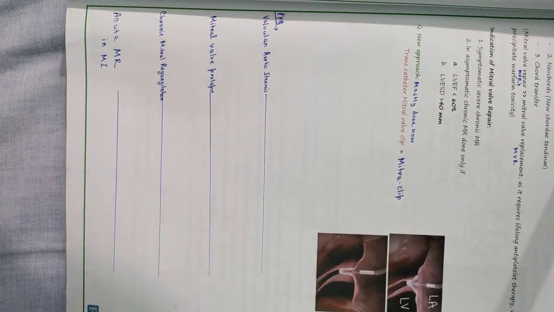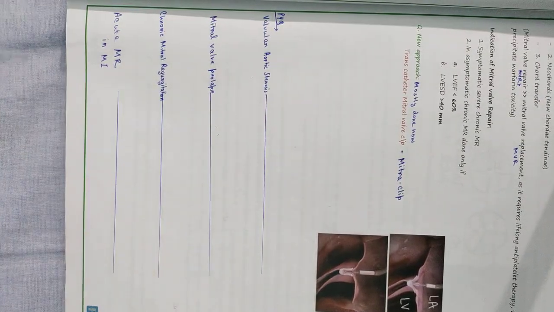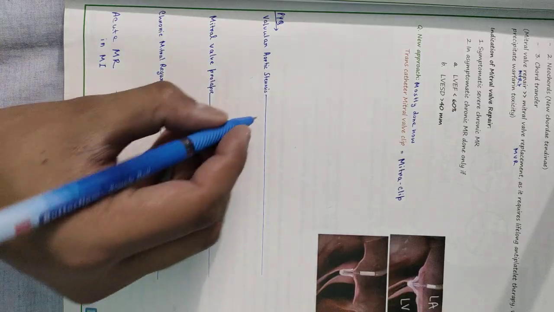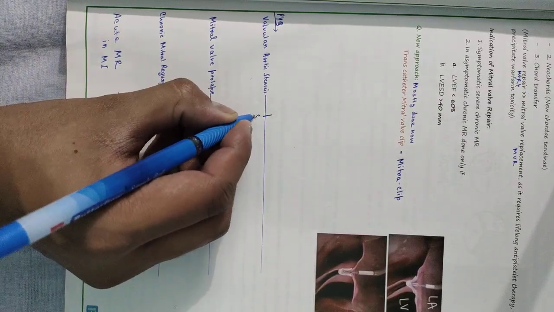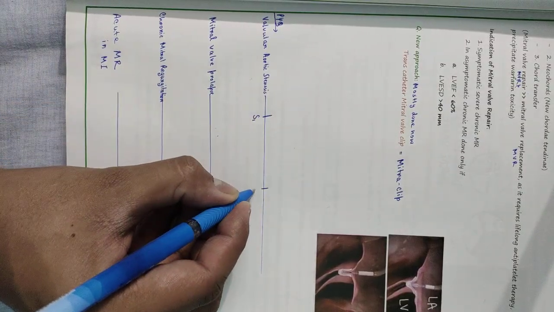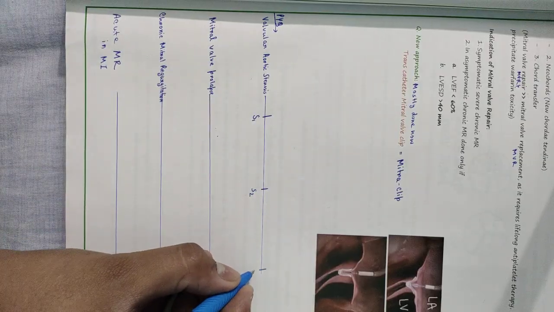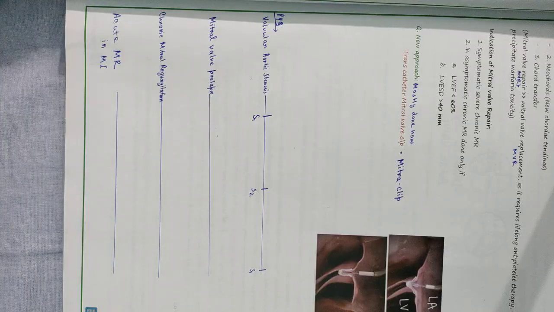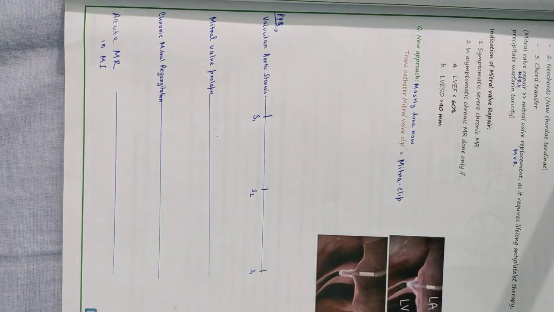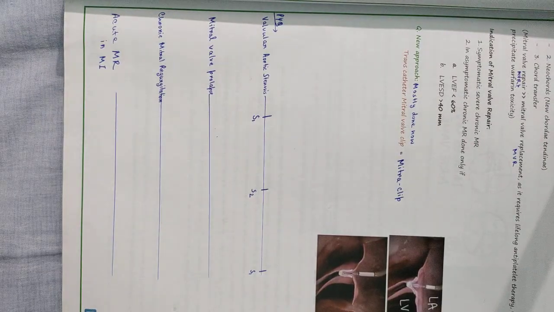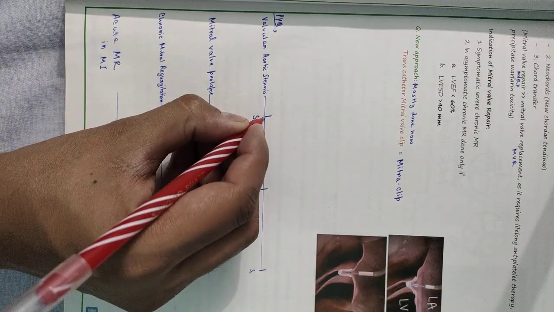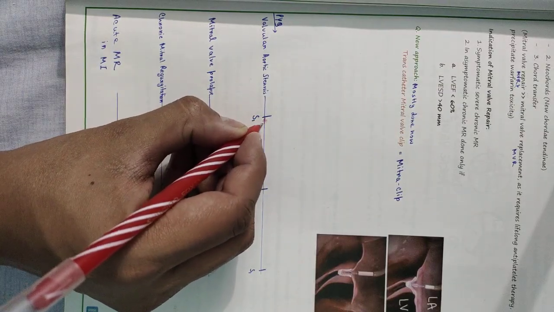How many types of murmur have we already seen? Just write S1, S2, S1. In aortic stenosis, what do we have? In aortic stenosis, we have ejection systolic murmur.